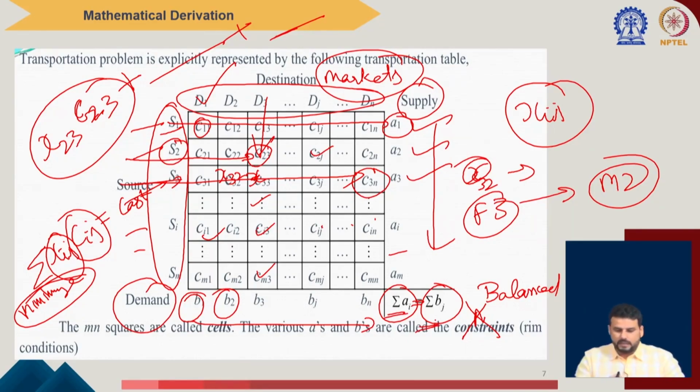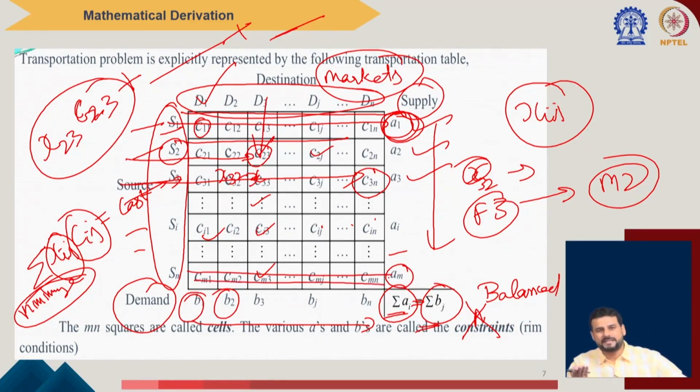Another concept is that if I sum any row, it should not be greater than A1. If I am summing up all the allocation done in row 1, it should not be greater than A1, because the maximum supply in row 1 is A1 only. The same for AM: the sum of all allocations should not be more than the supply, because SM cannot supply more than its maximum capacity.